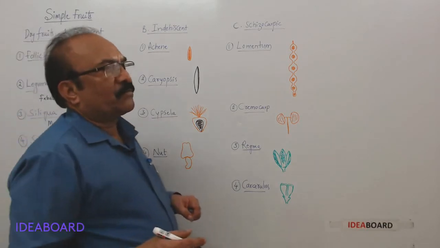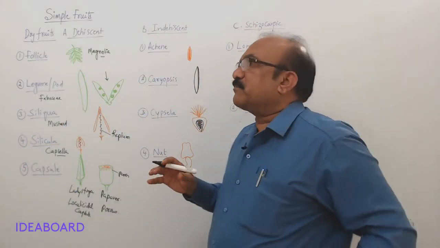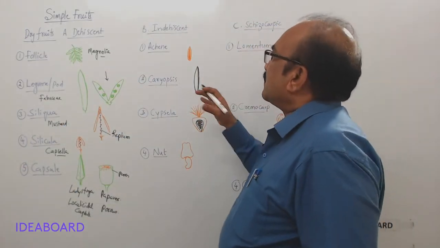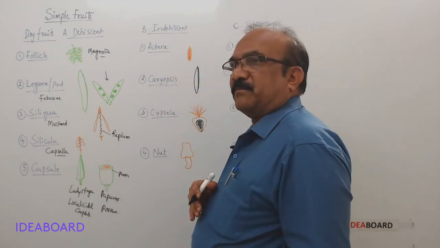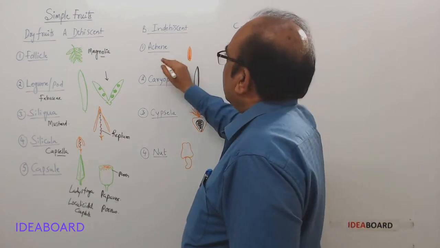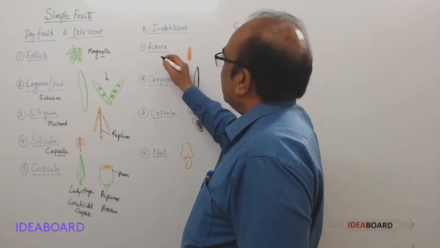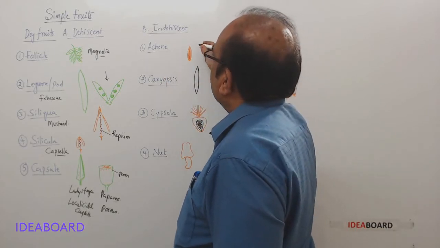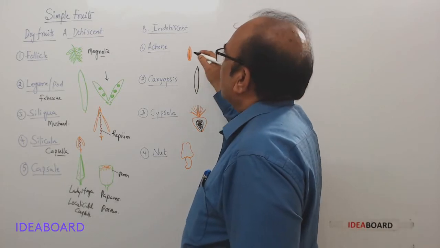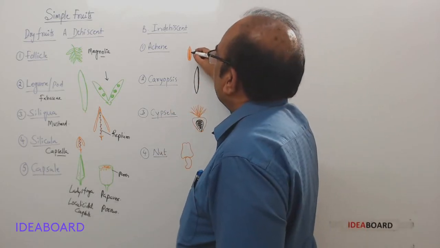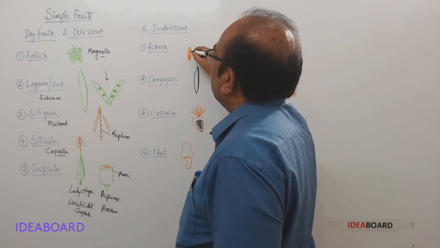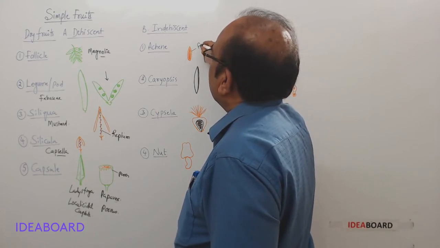And when we come to indehiscent fruits, though the pericarp becomes dry, the seeds will remain inside, and that's why they are called indehiscent. And we have four types here. Achene, and this achene is also generally seen among aggregate fruits, and one thing is that you will find a free seed here.